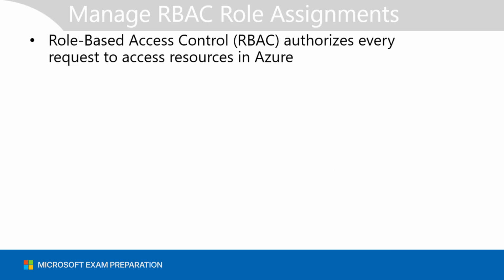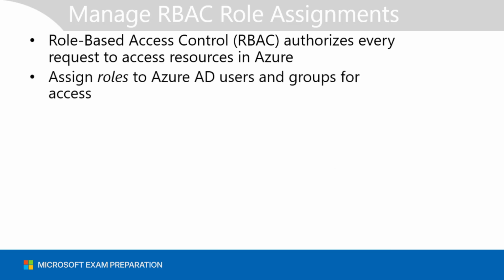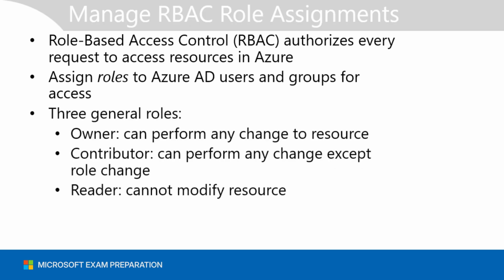And RBAC, in fact, authorizes every request to access resources, whether you're reading a resource to look at it in the portal or whether you're modifying a resource through the portal or PowerShell or any other way you can access Azure. So the process is to identify the users and groups, identify a role that you want, and roles are tied to resources, and then you assign the user or group to the role to allow access.